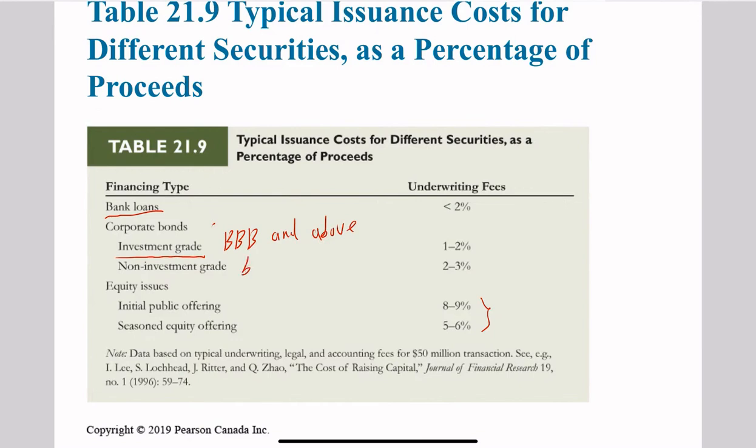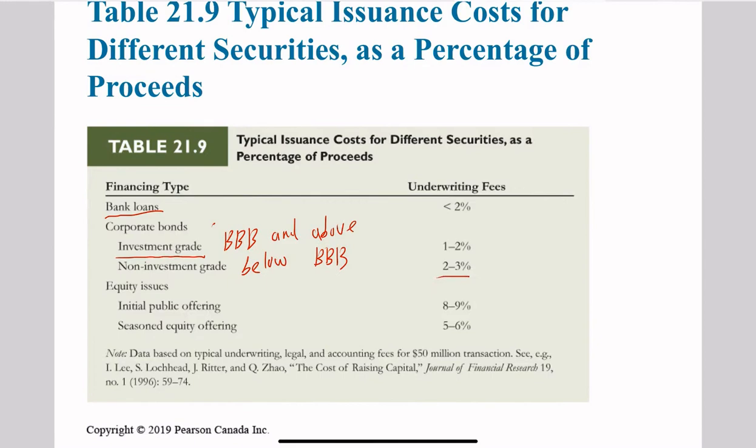And if the firm is issuing a corporate bond with a debt rating below BBB, then this is a non-investment grade bond, or junk bond. In this case, the underwriting fees would be 2 to 3%.